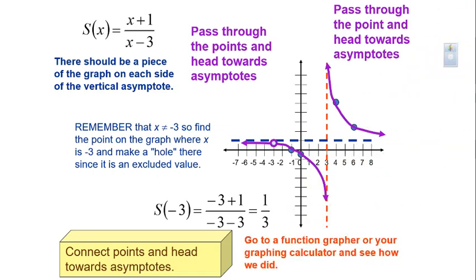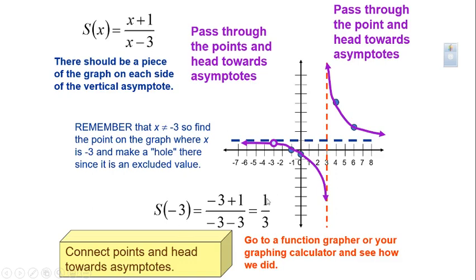I'd like to remind you, though, that when we simplified the expression, we also remembered that the domain restriction was not only at 3, but at -3. So you should not have a point at -3. Now, in the simplified expression, if we were to substitute -3, the answer would have been 1/3.